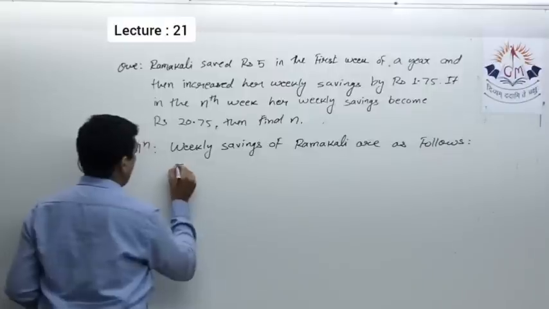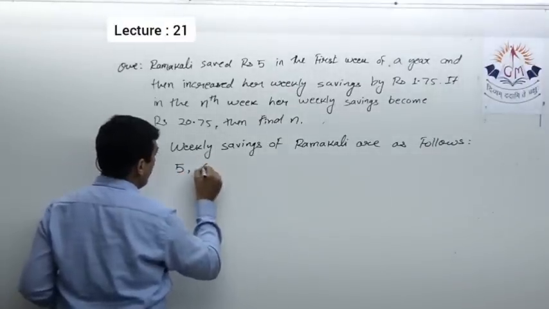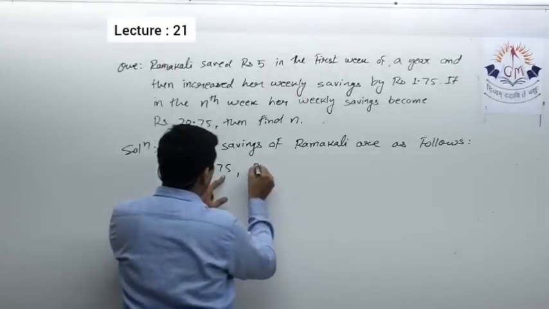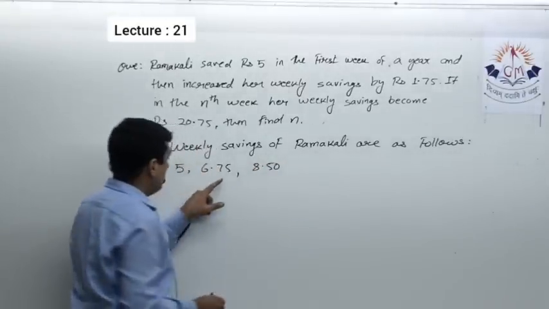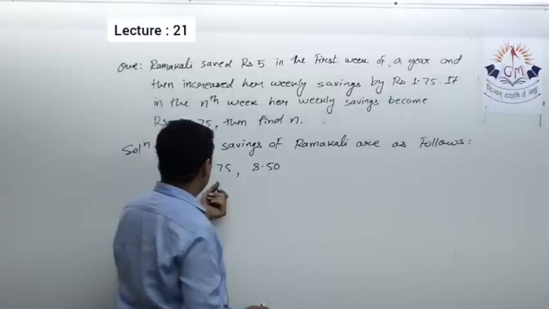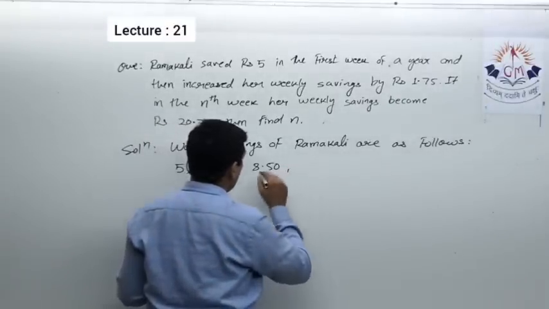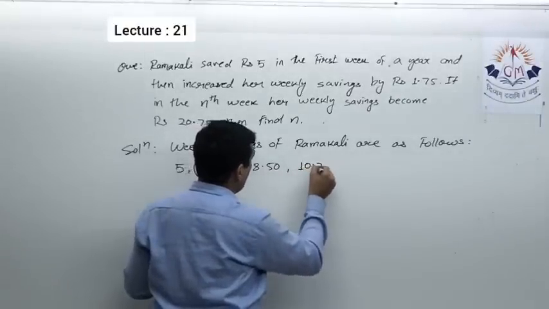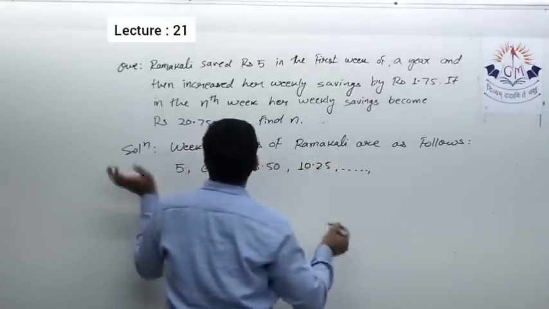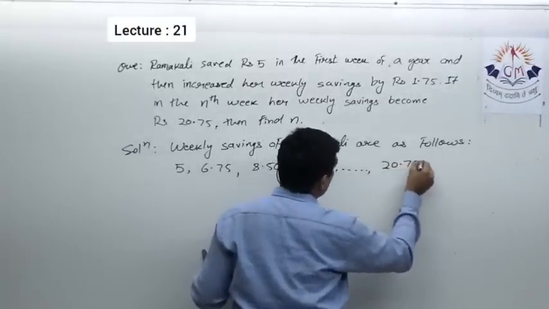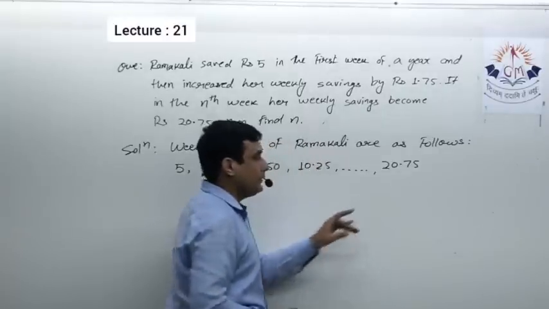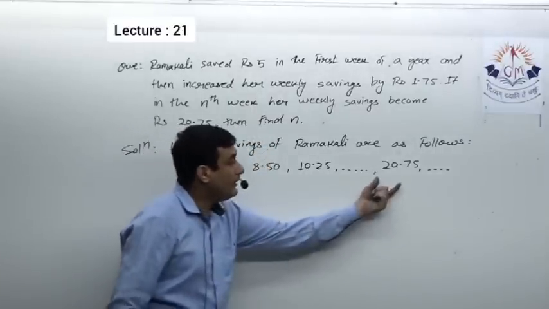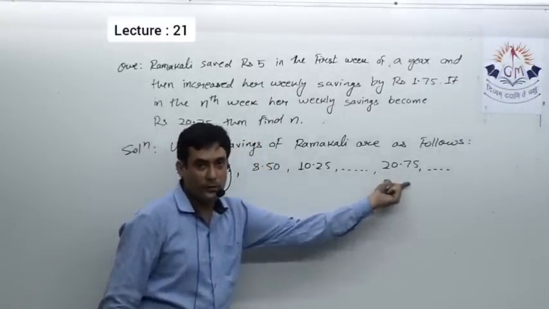In the first week 5 rupees, then 6.75, then 8.50, then 10.25 and so on. And in the nth week her savings are, again, this might be a term, and she might continue her saving in the similar way. So we have to find at what position this 20.75 will arrive.